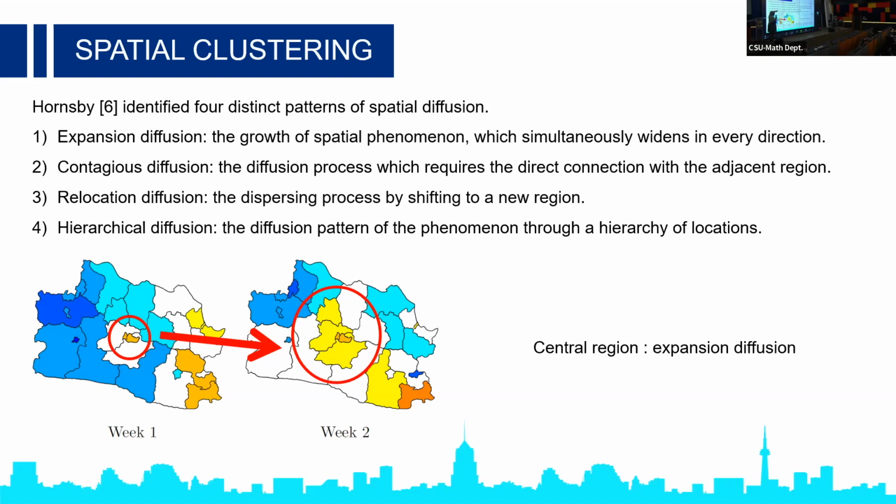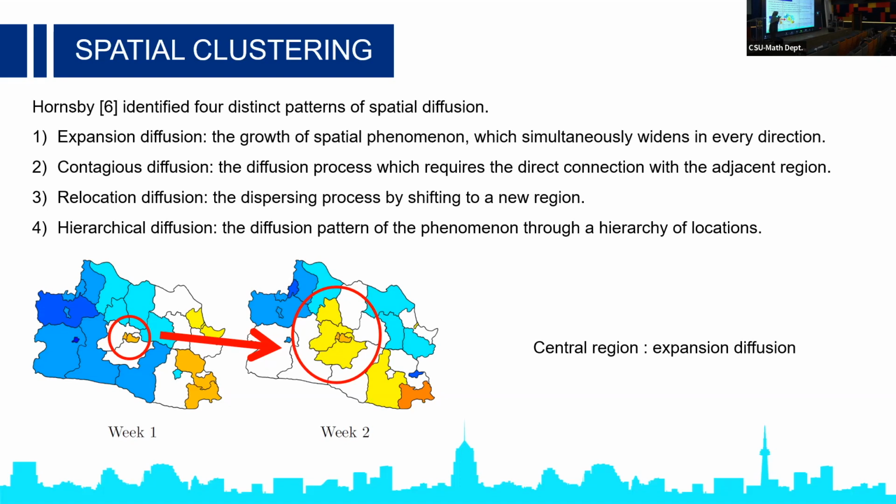The contagious diffusion is a diffusion process which requires direct connection with adjacent regions. And the relocation diffusion is a dispersing process by shifting to a new region. And the last, hierarchical diffusion, is the diffusion pattern of the phenomenon through a hierarchy of locations.